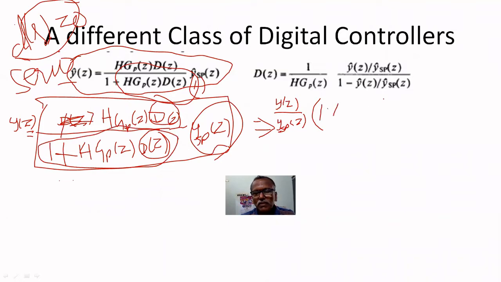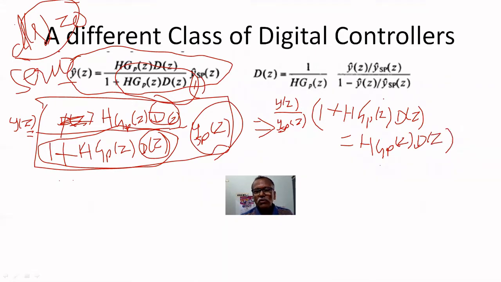1 plus HGP(z) D(z). You will get that. What is the right hand side? On the right hand side, you are having HGP(z) D(z). That's all. So now you bring all D(z) to one side, and the remaining things to the other side.